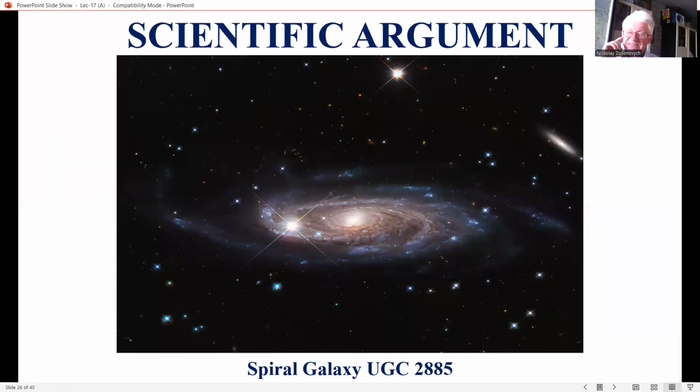Now, let's start some scientific arguments. Why can't spiral galaxies be produced by merger? This argument draws on both theory and observation. Observations show that spiral galaxies have thin disks in which the stars move in regular, concentric orbits.